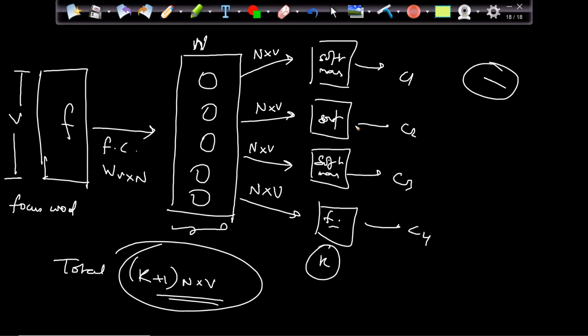So CBOW works better when we have more frequent words. When the frequency of the words is higher, CBOW works better. Normally we use CBOW a lot in our day-to-day work. However, skipgram works fairly well if the total amount of data is small, or if the word is less frequent. So if the word is less frequent or the data volume is low, skipgram is the good option.